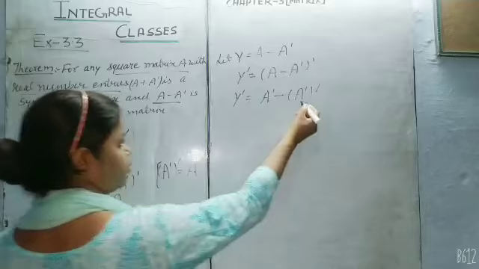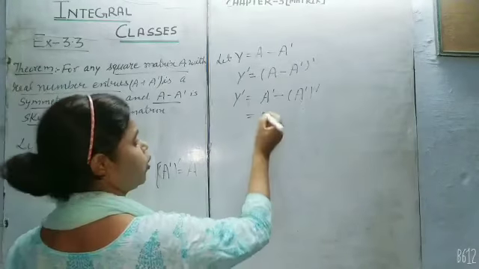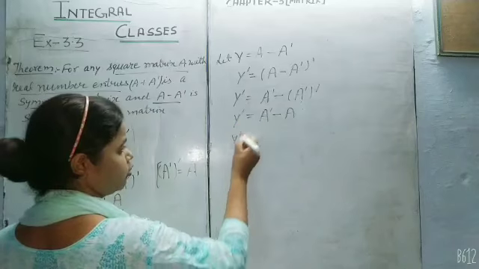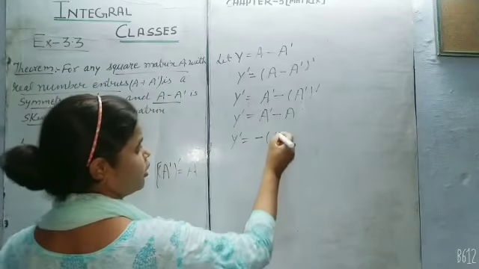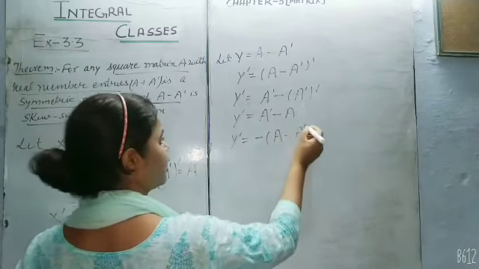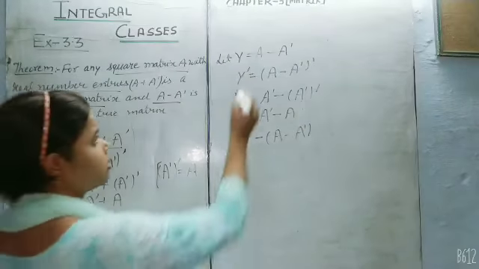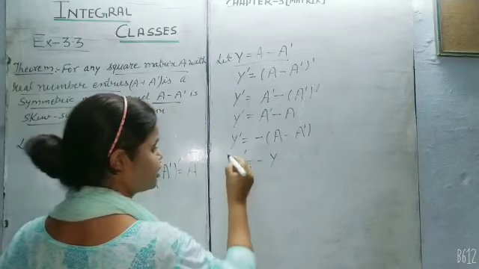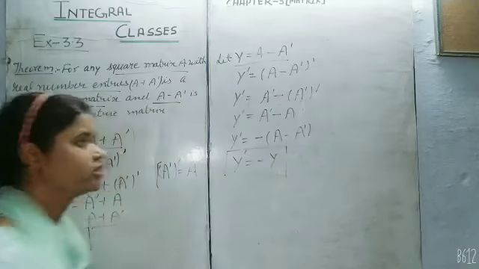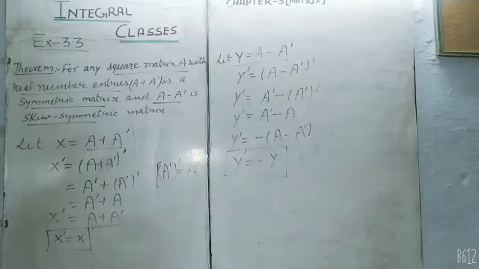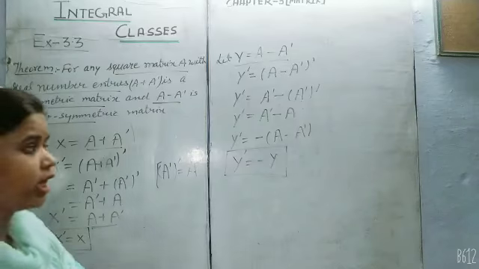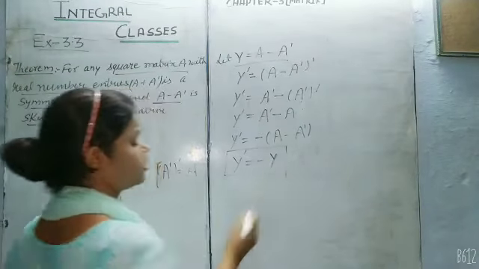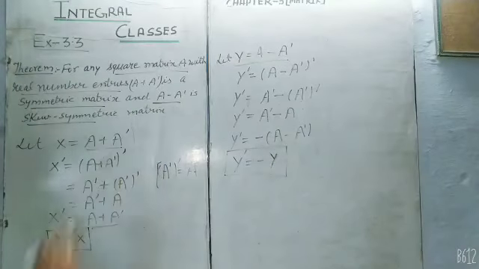Now it is replaced by A, so A transpose minus A. Y transpose equals, now taking the minus sign common, minus (A minus A transpose). Here we let it equal Y, so Y transpose equals minus Y. So what is the condition of a skew symmetric matrix? It means if we are given a matrix, and its transpose is equal to the negative of the matrix, then it is called a skew symmetric matrix.